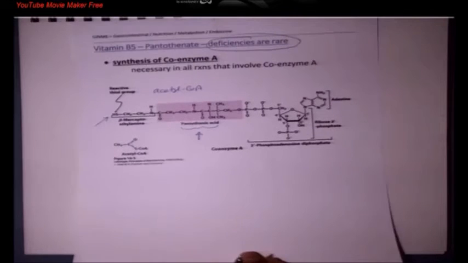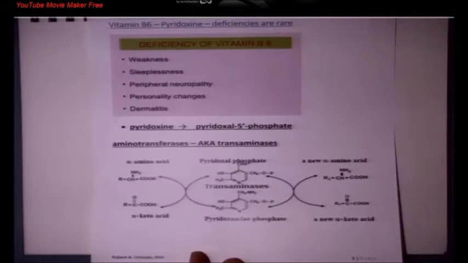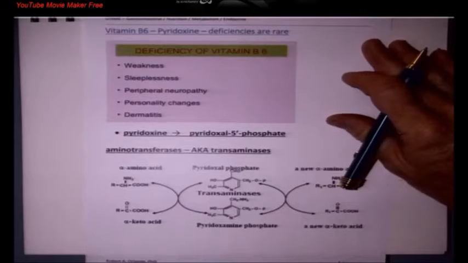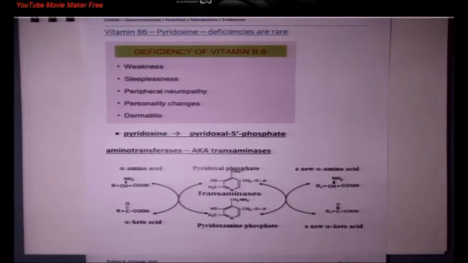The next one is really fun. Vitamin B6, pyridoxine. Now, these deficiencies are rare. However, unlike B5, pantothenate, which doesn't have a lot of questions associated with it, this one can have a lot associated. The pyridoxine cofactor, B6, is critical for several different reactions.